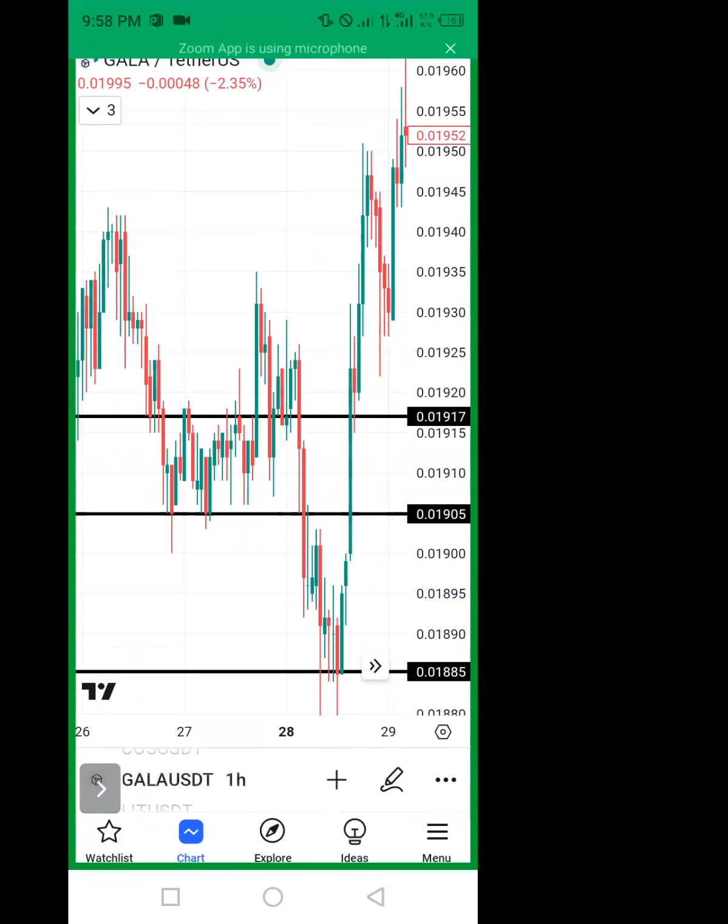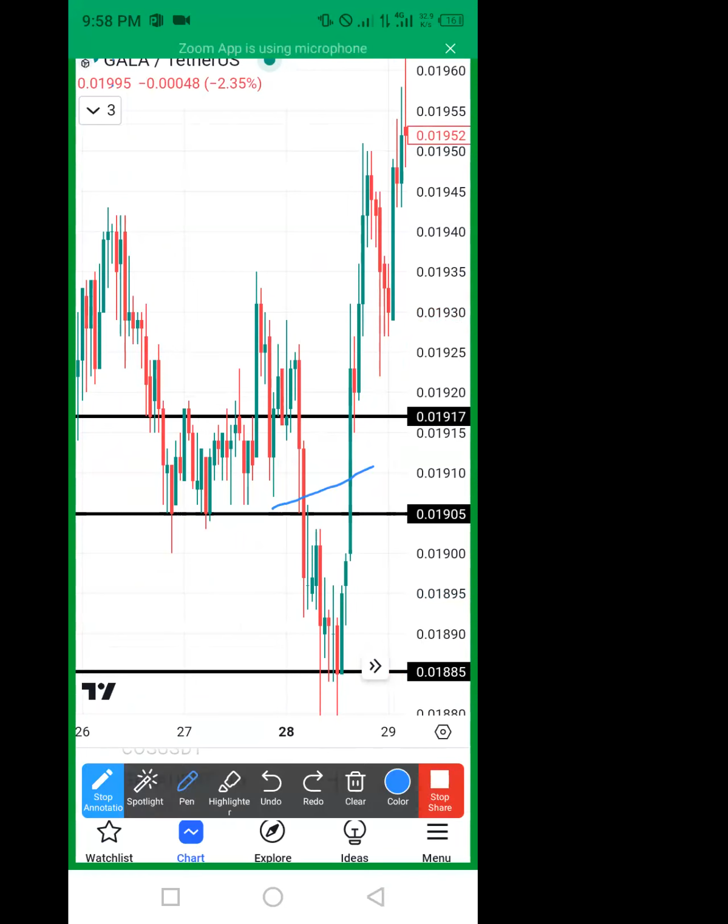When we look at the supports, as I said, you find 3 points, candles ending in one place. They might be wicks or shadows.